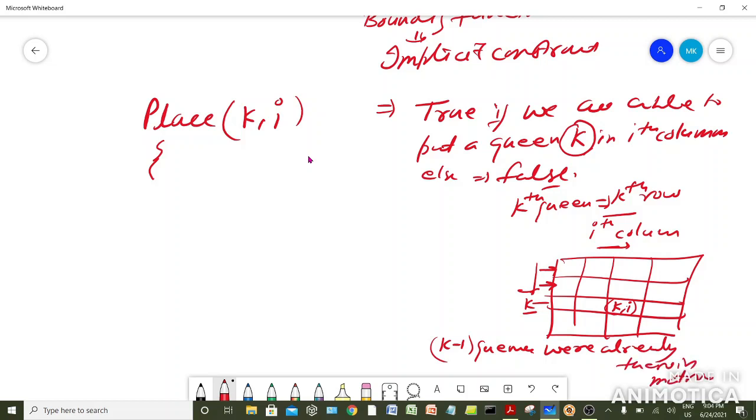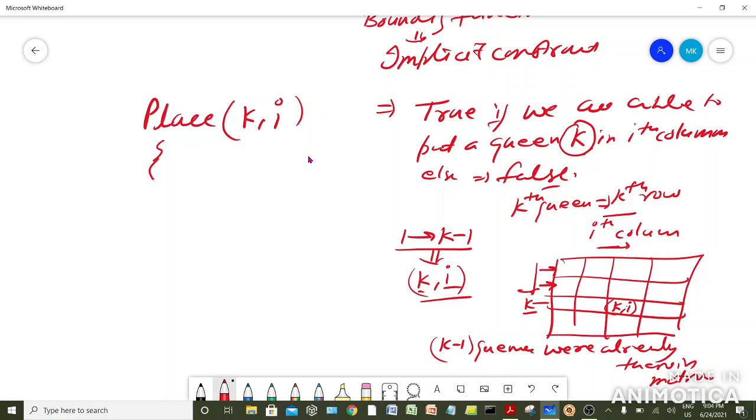So we need to check whether queens number 1 to k minus 1 are violating the implicit constraint when a queen was placed at k and ith position, or when the queen in the kth row was placed at the ith column.